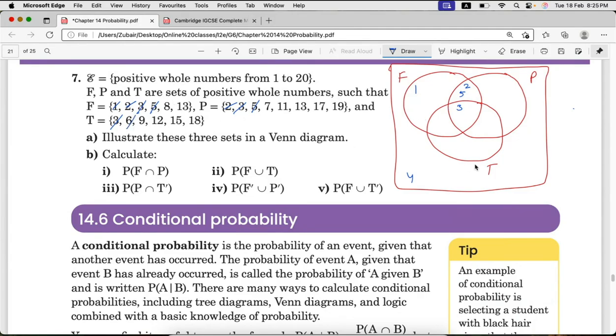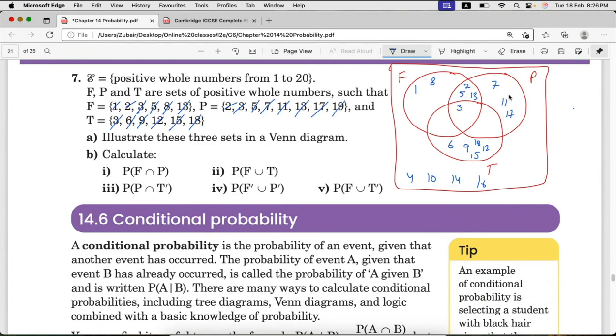6 only T. 7 is in only P. 8 only F. 9 only T. 10 is missing. 11 only P. 12 only T. 13 is in F and P. 14 missing. 15 in T only. 16 missing. 17 in P only. 18 in T only.